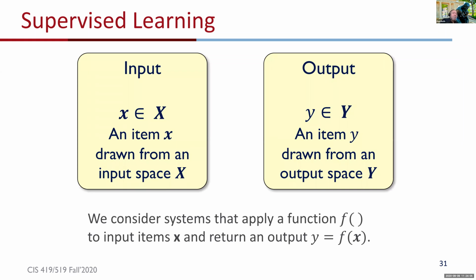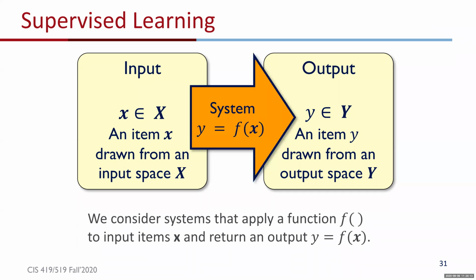Capital Y is the output space, and elements in it are going to be y's. We're looking for a system that maps x's to y's. The function that maps it is this function f. So think about the name as an element in the input, and the output is going to be a plus or minus, as before.